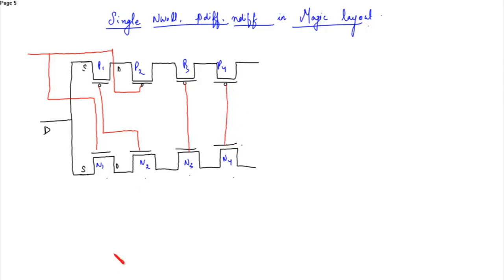Okay, so now this is the output of the two transmission gates. So connect these two. This point is Q. That is, this is the output Q.